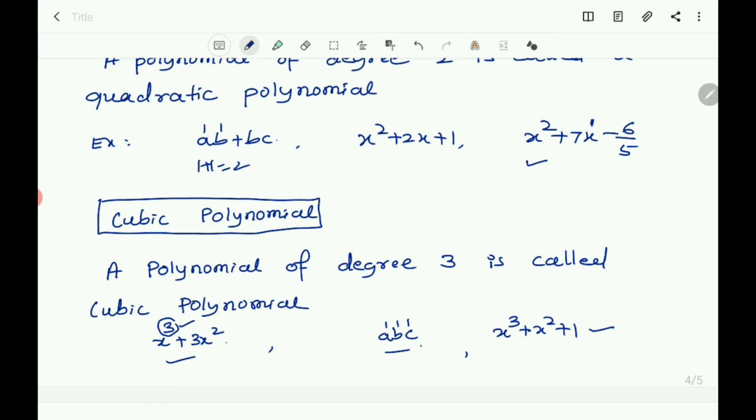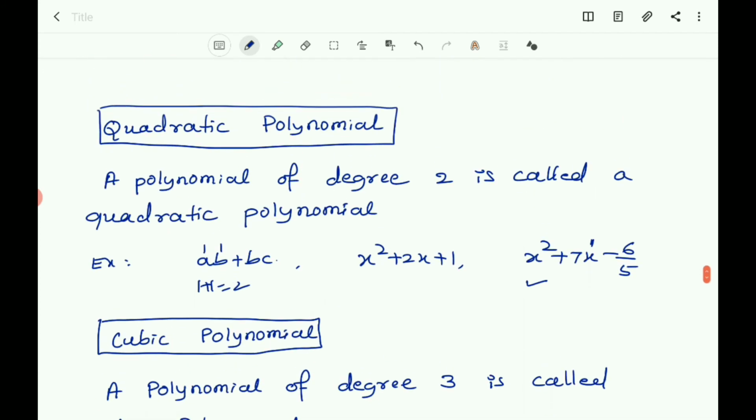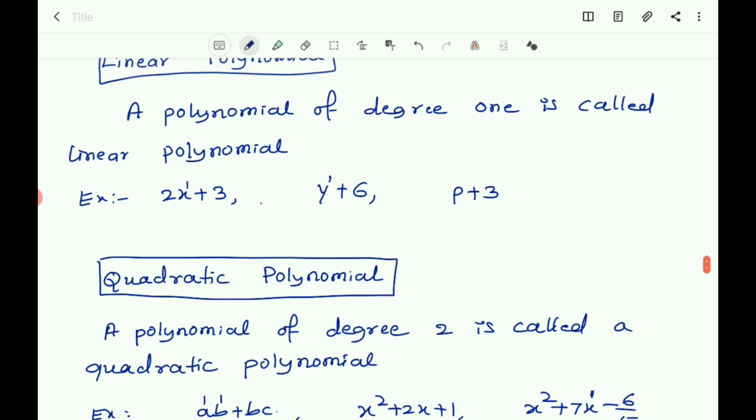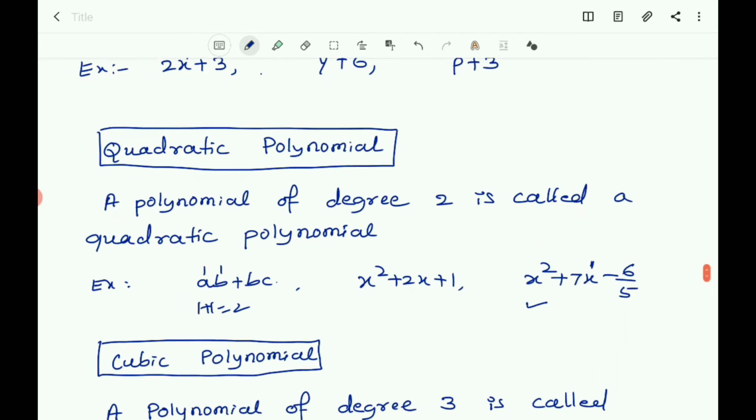Here also the variable x has the highest power 3. Power 2 is there, power 3 is also there, the highest power is 3. So it is a cubic polynomial. This is about the cubic polynomial. In this way, according to their degree, you can name them as linear polynomial, quadratic polynomial, cubic polynomial, etc.